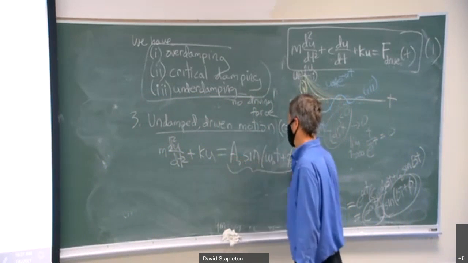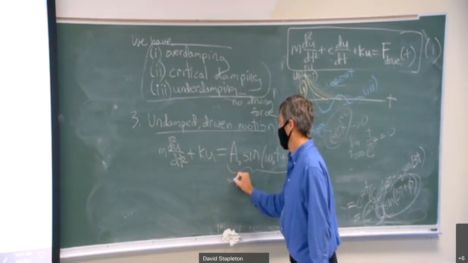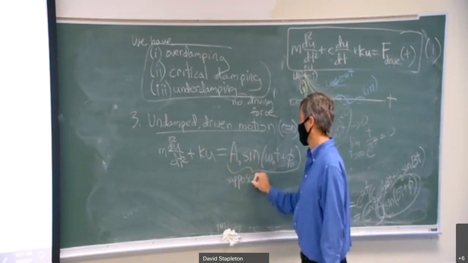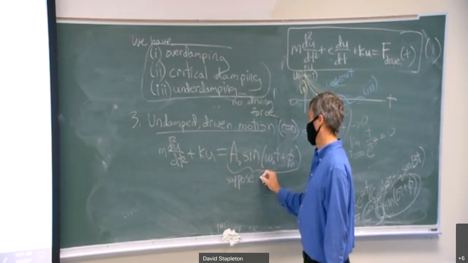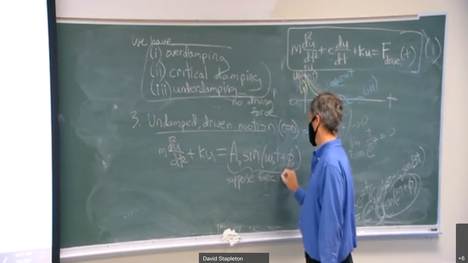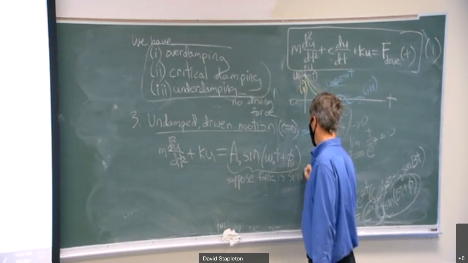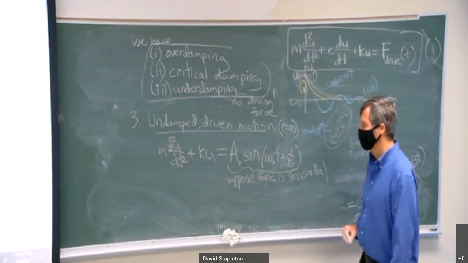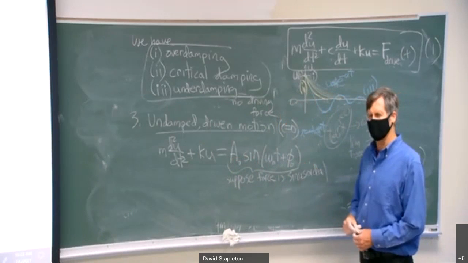This is the interesting case. You can put whatever force you want here, but suppose the force is sinusoidal, a sine wave. And you might think, when does this ever happen?